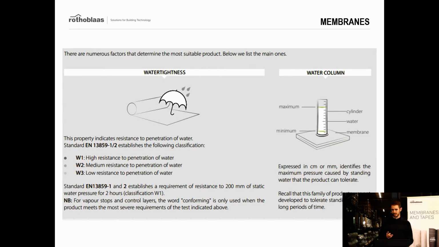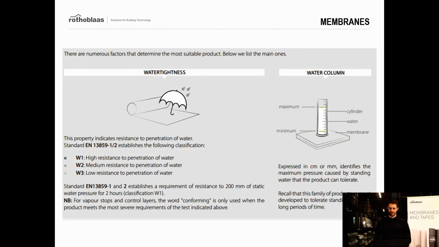It's a test that is done on all the membranes, and it's basically a column of water placed on top of a membrane. Of course, it doesn't have a bottom cover, so water can pass through, and the time which the membrane can resist, preventing the water from passing through, is measured.